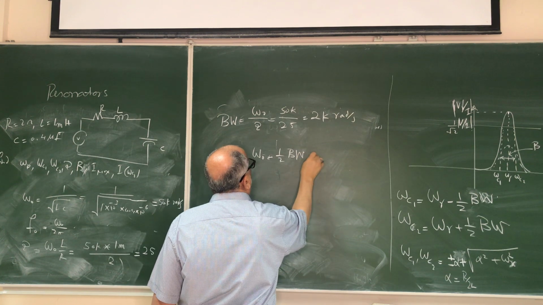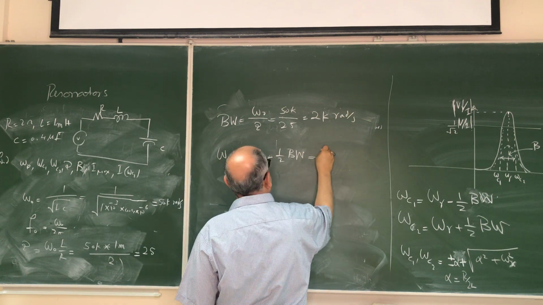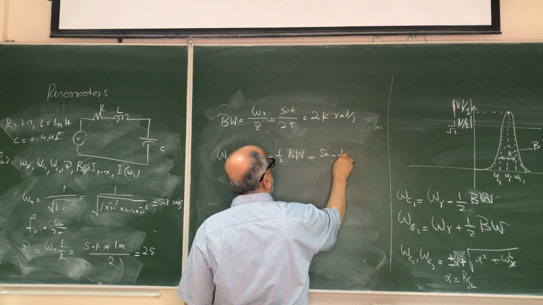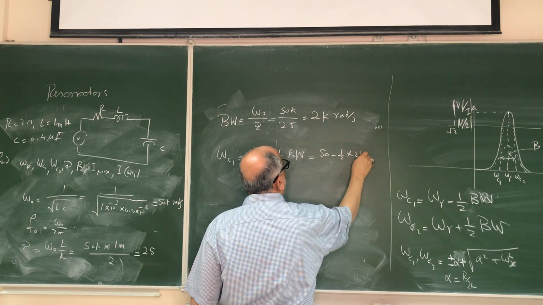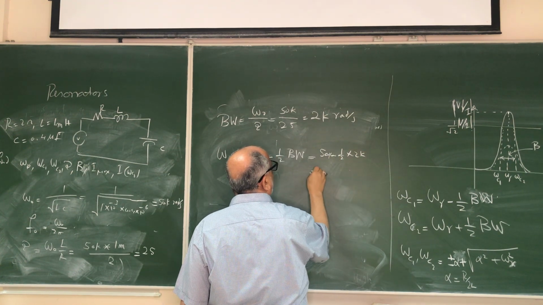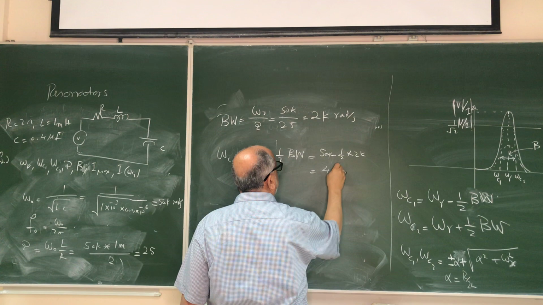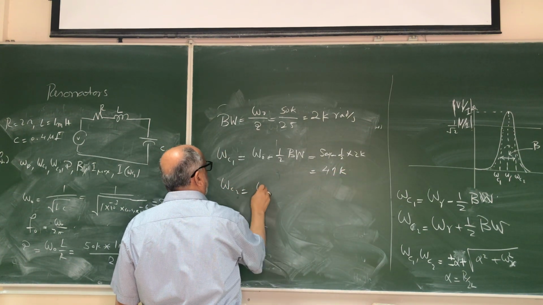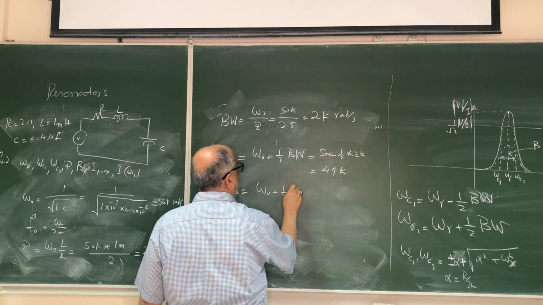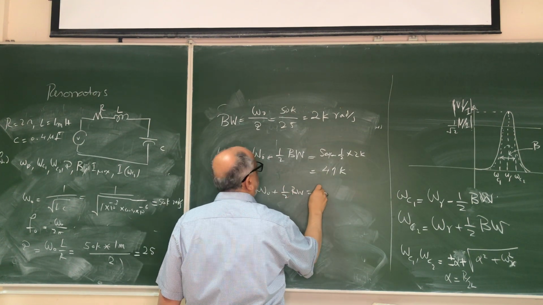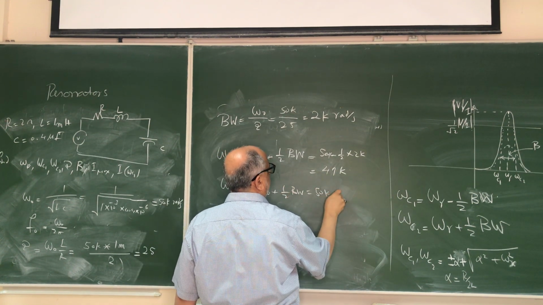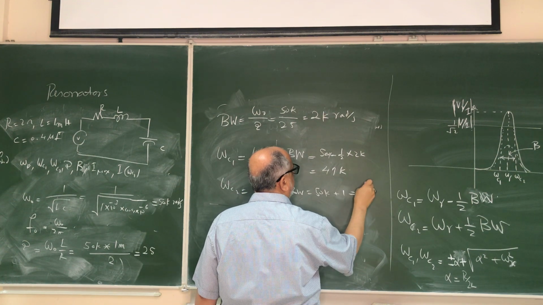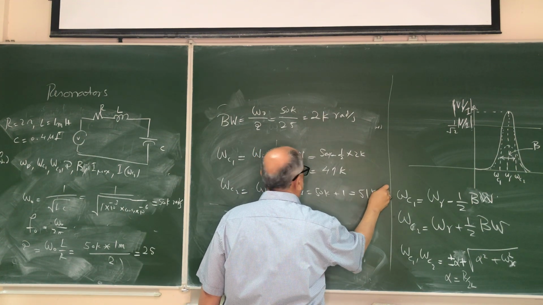So it is equal to 50k minus half times 2k, that is 1k. So that is 49k. That's omega C1. And omega C2 is omega naught plus half of the bandwidth. So it is 50k plus 1k, that will give me 51k radians per second.